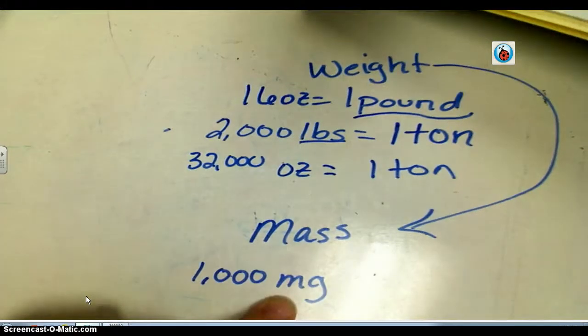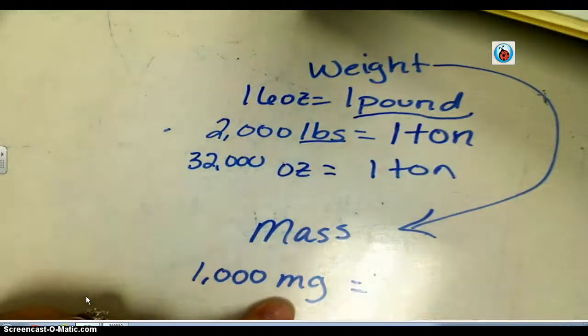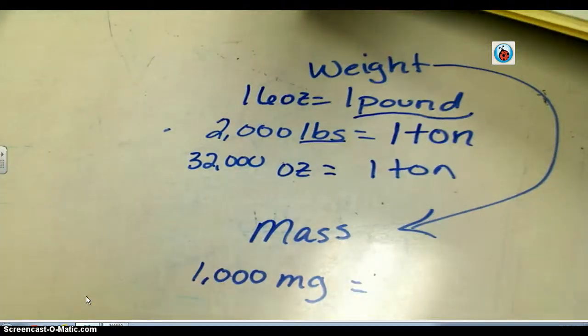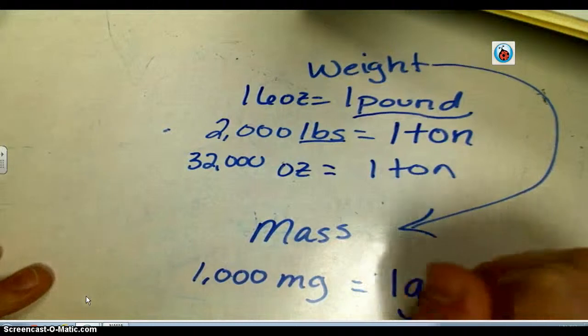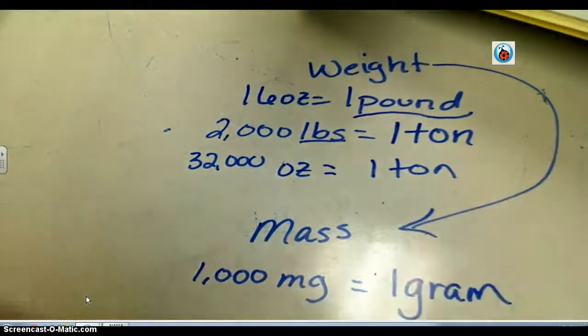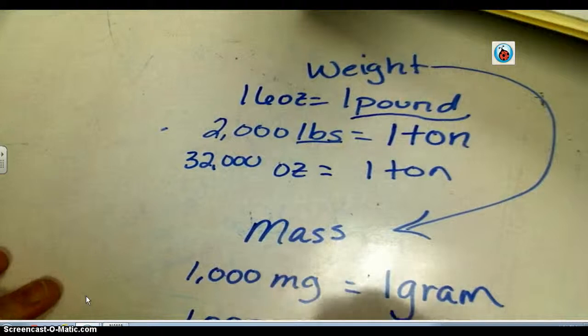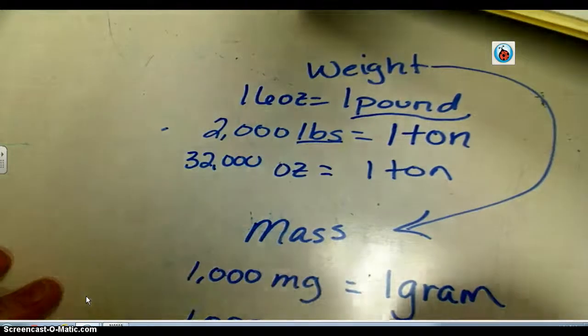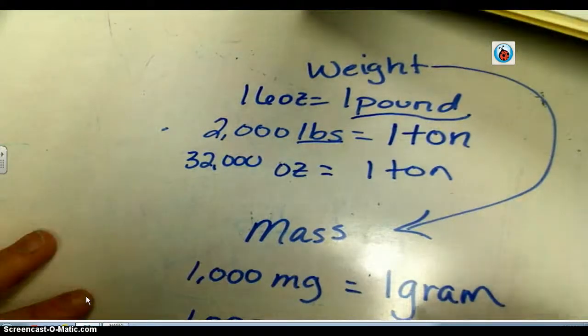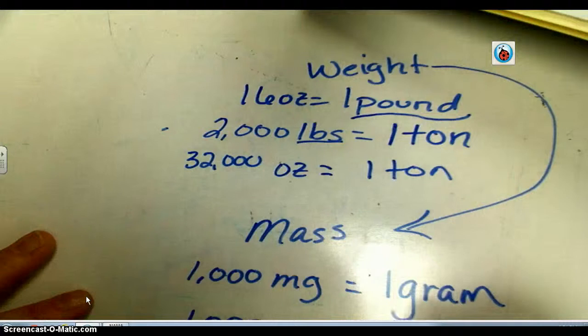So milligrams, there's going to be... Now see if you can figure this one out. There were 1,000 milliliters per liter. There's 1,000 milligrams per, you guys are so smart, per gram. And then it tells us there's 1,000 grams per kilogram.